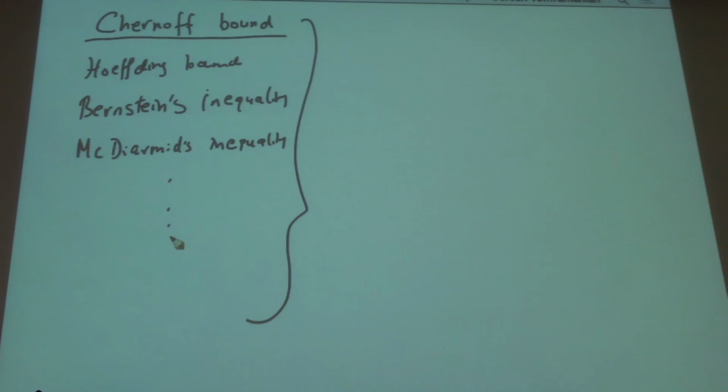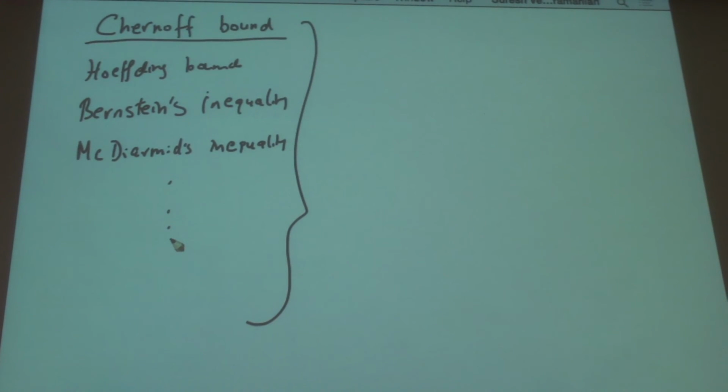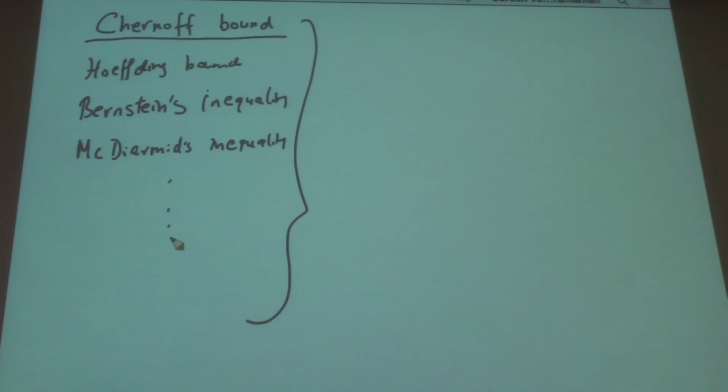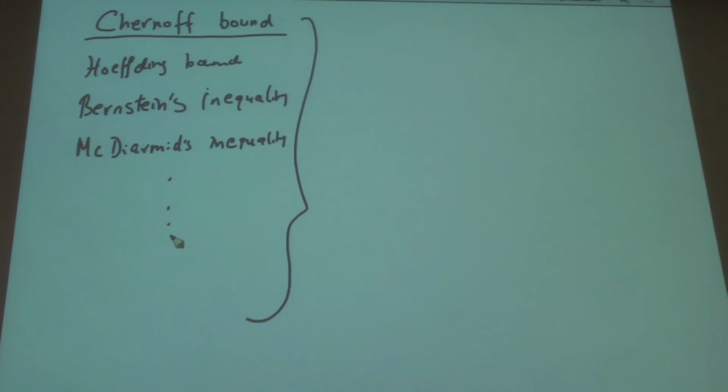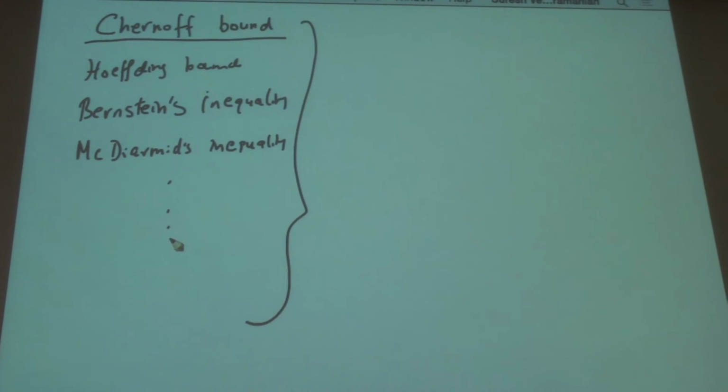Just like with Chebyshev, we said, okay, let's write down y is equal to x minus mu whole squared and apply Markov. Here you write down a much more complicated function called a moment generating function, and then apply Markov to that. And that's how you prove the Chernoff form. So it's not hard, except you have to learn a lot of machinery about moment generating functions. And that's not something you need to know. You won't need to know this in the class, but if you're interested, you can take a look.